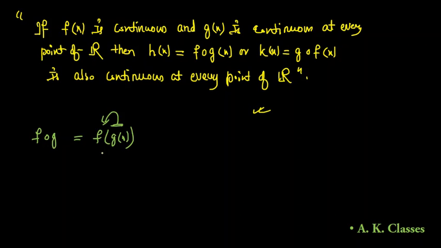More specifically, if f is continuous at point a and g is also continuous at the same point a, then f of g and g of f are also continuous at the same point a. Clear? Excellent.